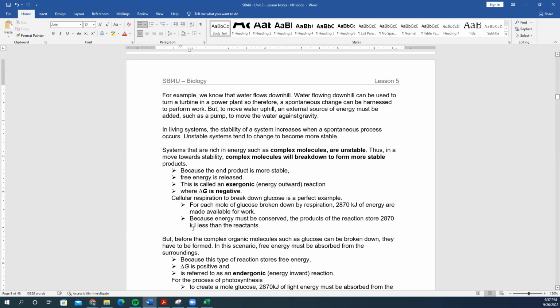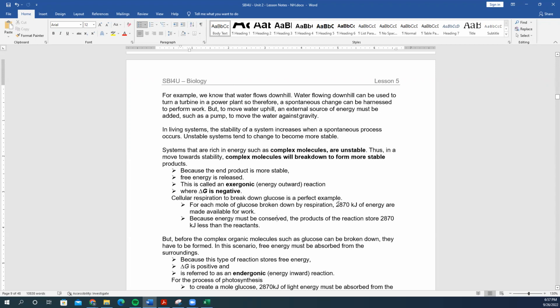And so for each mole of glucose that is broken down through the process of cellular respiration, a certain amount of energy is now made available for work. And because energy has to be conserved, the products of the reaction are storing that amount of energy less than what the reactants started out with.